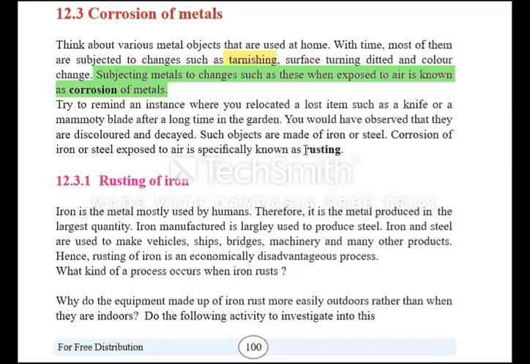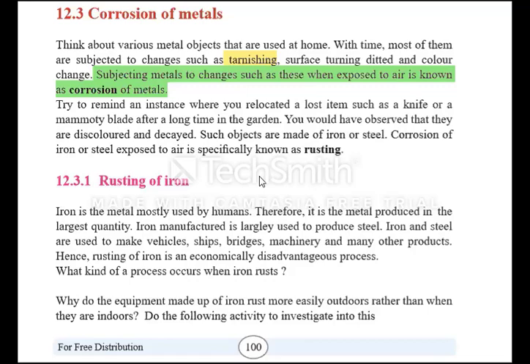So corrosion is basically the metals changing because of exposure to air, and rusting is the specific term defined as corrosion of iron or steel when exposed to air.